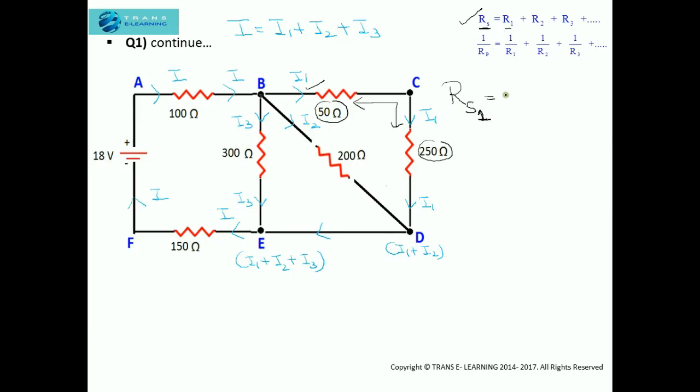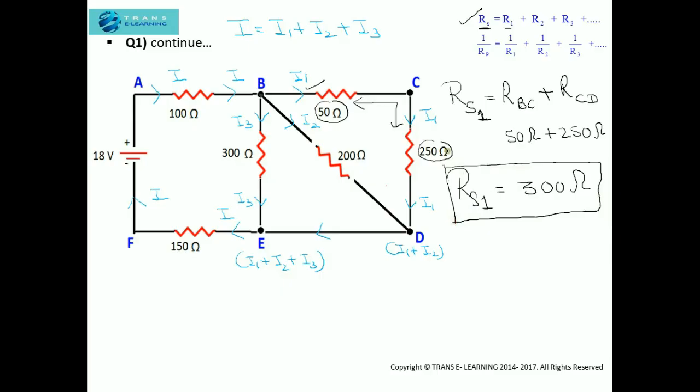So the resistance in series will be resistance across BC plus resistance across CD. The value of this is 50 ohm and this is 250 ohm. So the resistance in series will be equal to 300 ohm.